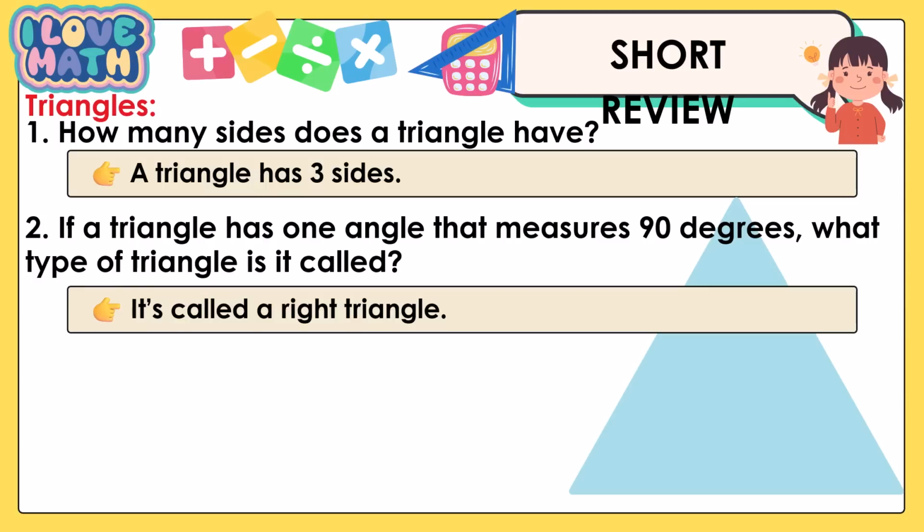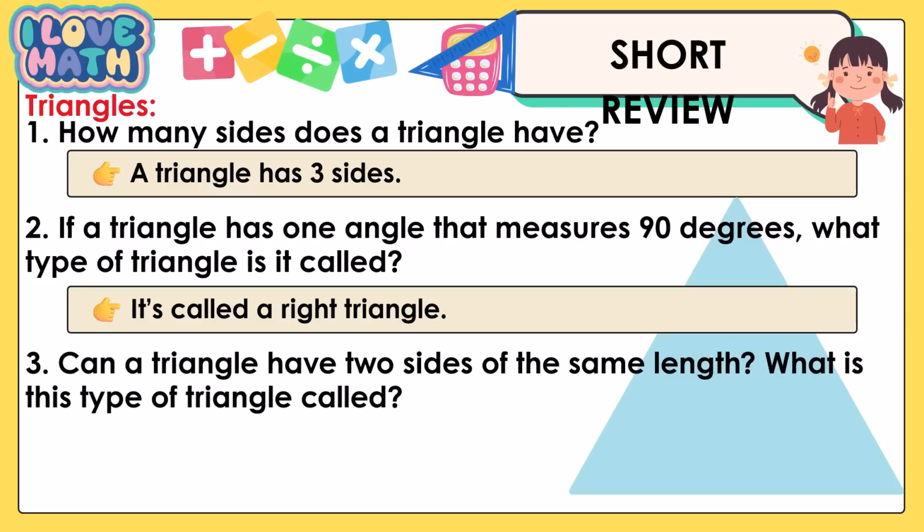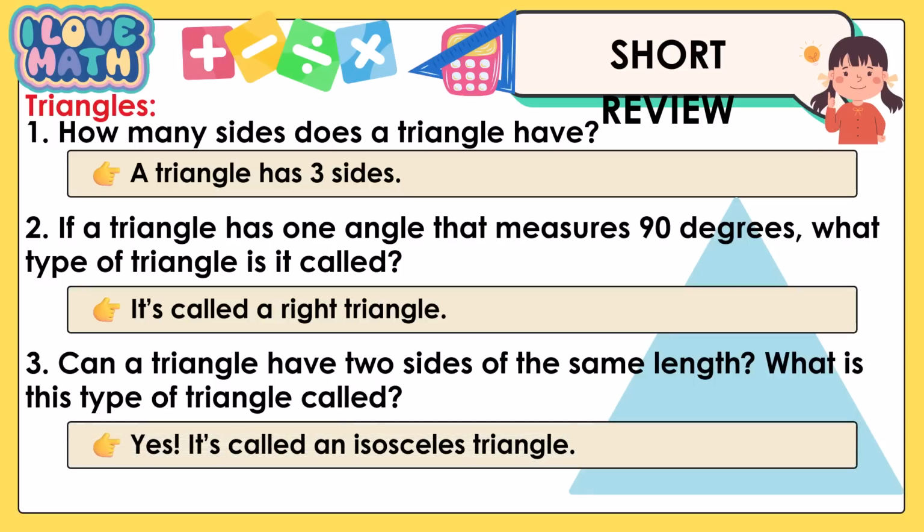The answer: it is called a right triangle. Number 3. Can a triangle have 2 sides of the same length? What is this type of triangle called? The answer: yes, it's called an isosceles triangle.